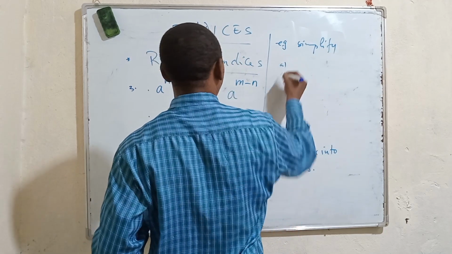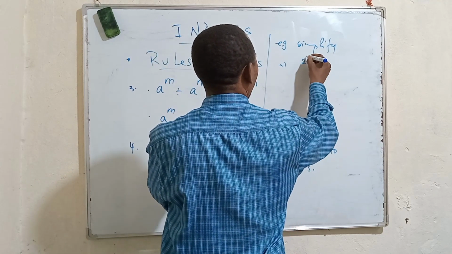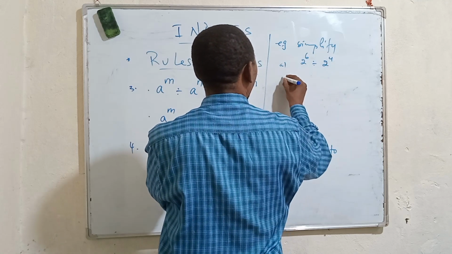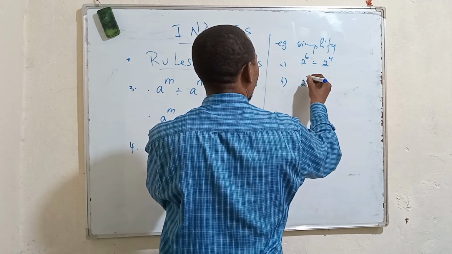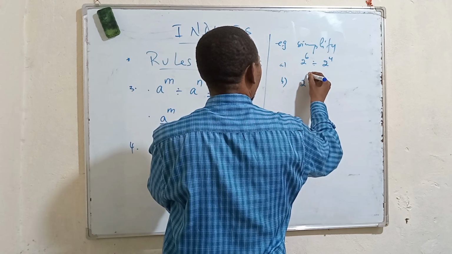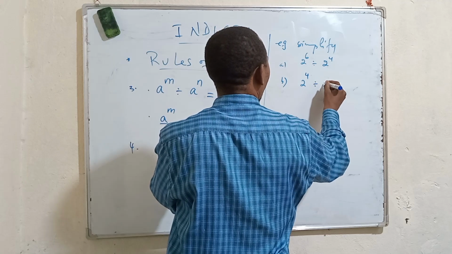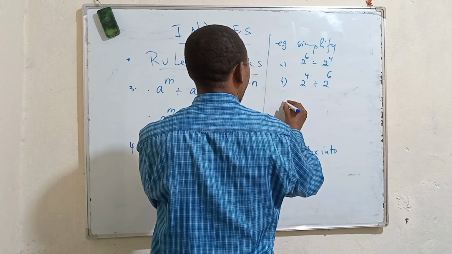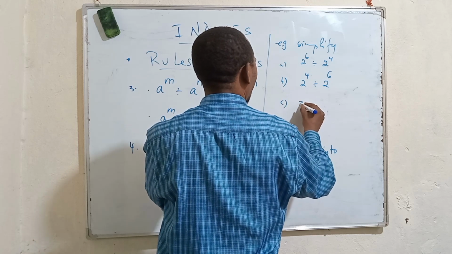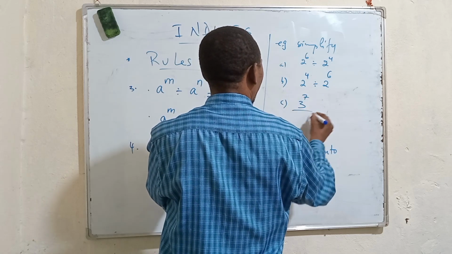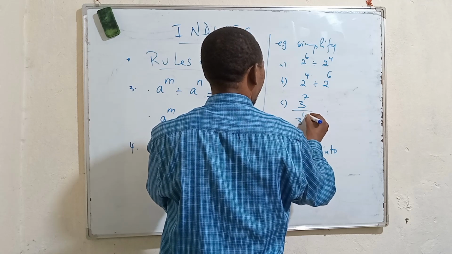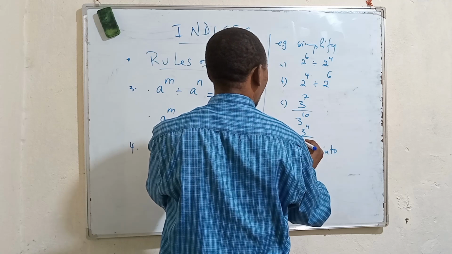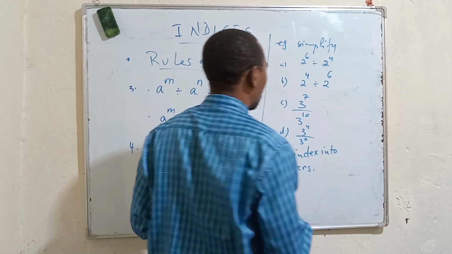Simplify: 2 power 6 over 2 power 4, 2 power 4 over 2 power 6, 3 power 7 over 3 power 10, 3 power 4 over 3 power 2.